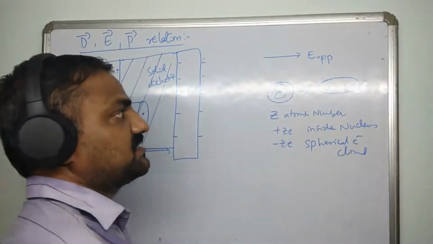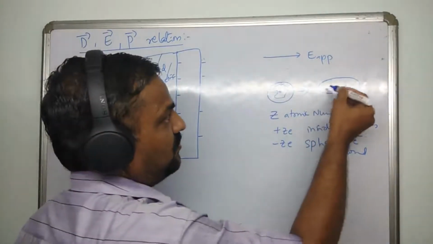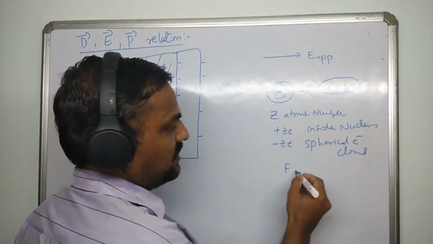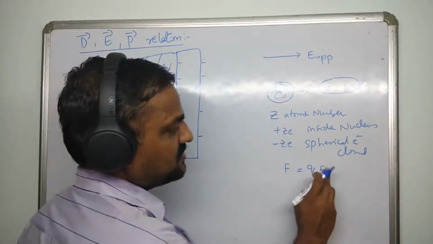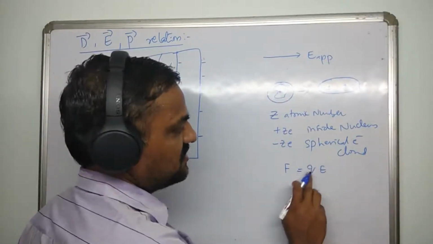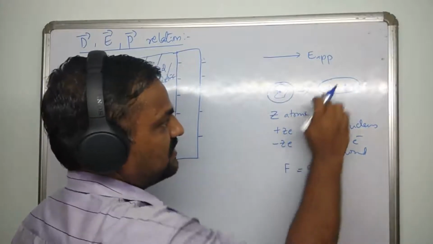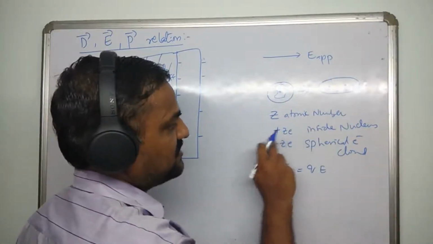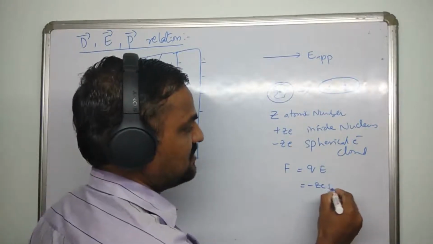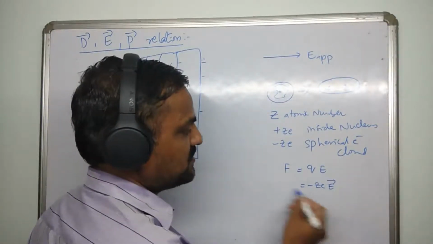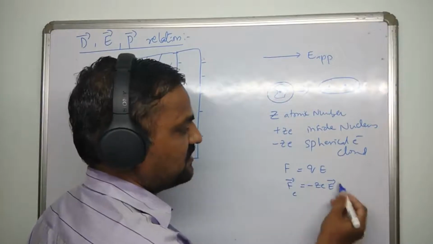But after the application of electric field, as we know, the force on any charge is F equal to QE. So because of the application of electric field E, the charge gets some force. As this is the negative charge, which is minus Ze, this force is going to be minus Ze times E, which clearly shows that this force is exactly opposite to the electric field.